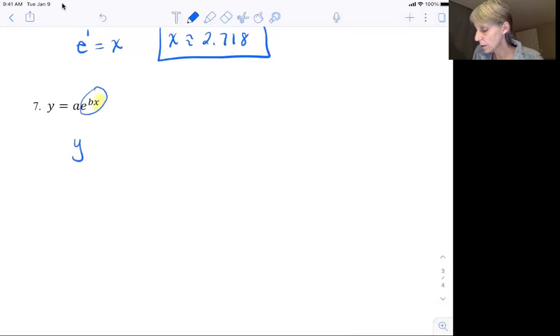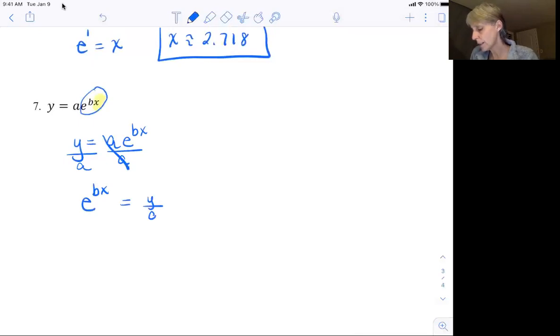I'm going to rewrite this. I don't want to write on my problem. So I'm going to divide each side by a. So I have e to the bx equals y over a. Now that I have my base isolated, I can ln each side.